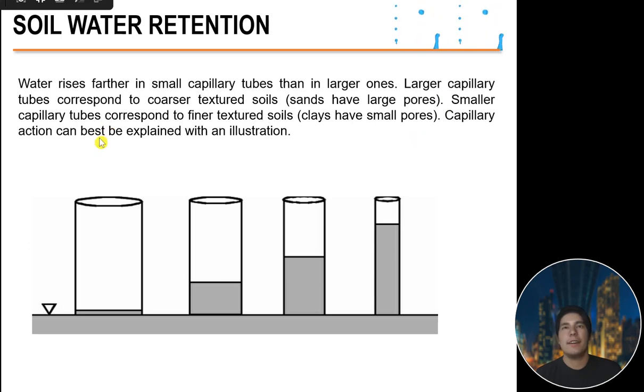Larger capillary tubes correspond to a coarser texture soil such as sands, which have large pores, and smaller capillary tubes correspond to the finer texture soils such as clay having small pores. So capillary action can best be explained with an illustration below.